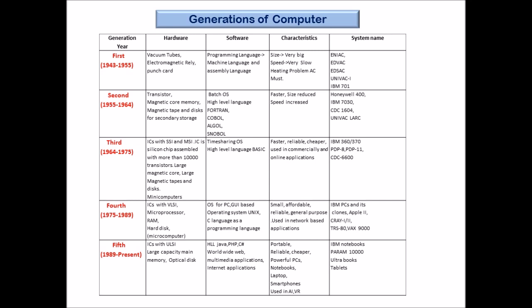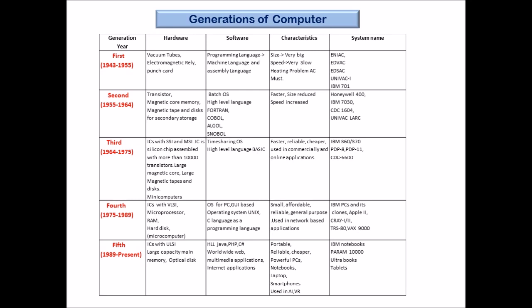Next is software, which talks about the programming and operating system. Characteristics means speed, size, and other functionalities. System names means the particular supercomputers, microcomputers, or mainframe computers that are famous in that generation. Their names are given here.